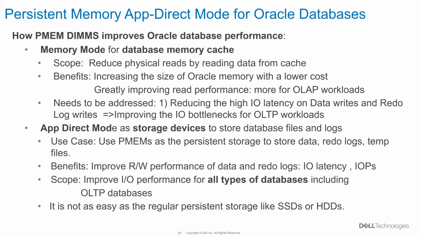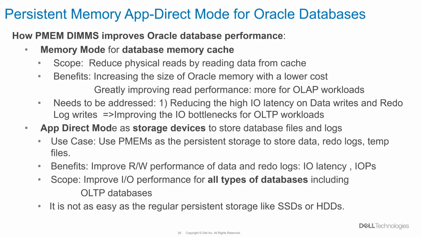So the best use case is for in-memory database, because normally in-memory databases tend to be used for OLAP applications. Most OLAP databases are much bigger and normally cannot fit into DRAM. So obviously PMem memory mode is a great candidate for that.